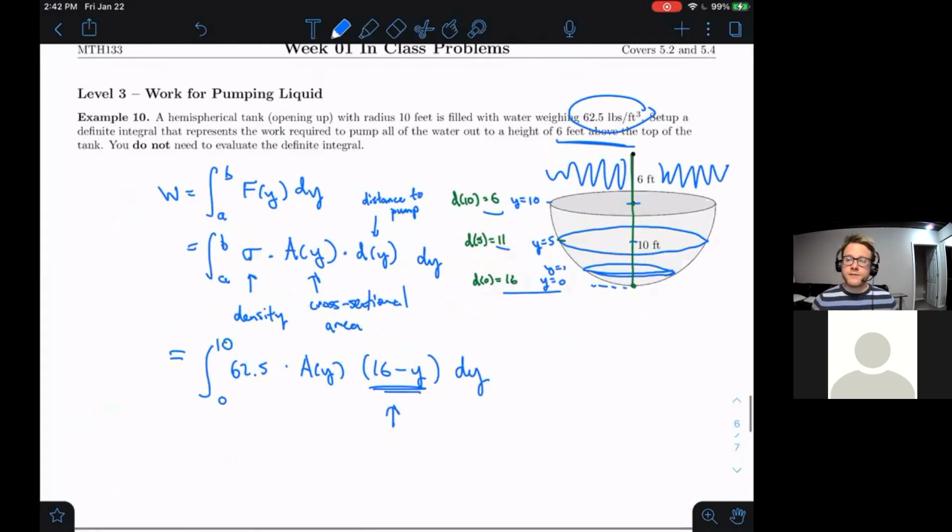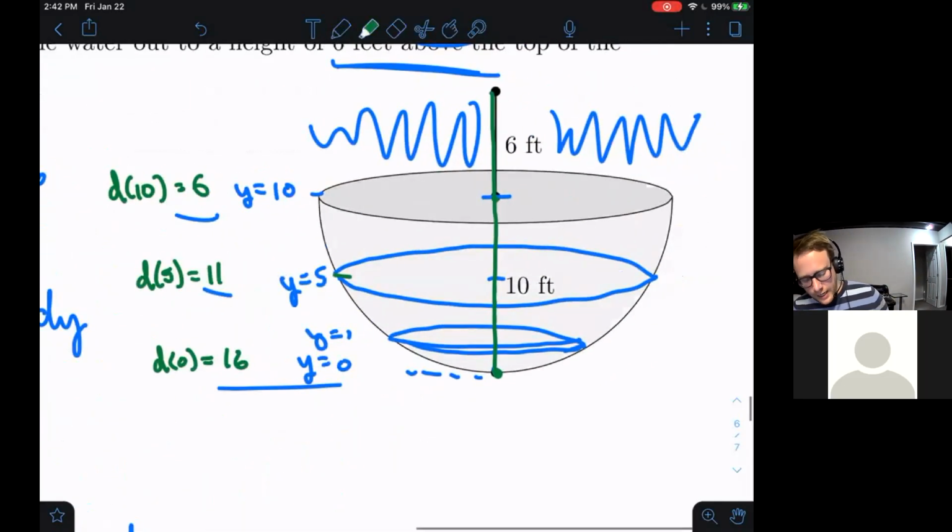All right, so we've done all of the easy stuff-ish. Now we're on to this tough stuff, really, and that is how do we relate together this cross-sectional area here? Well, we can see at each one of these heights that it is going to be a circle.